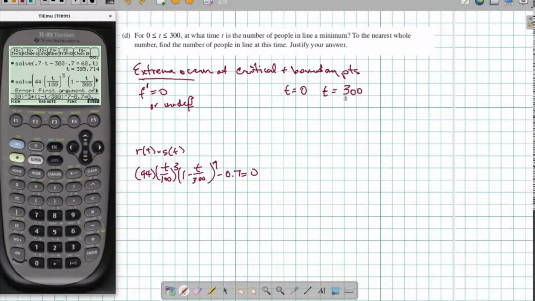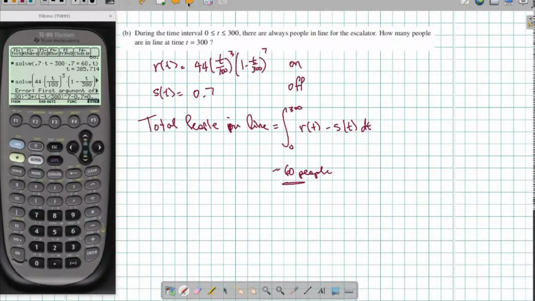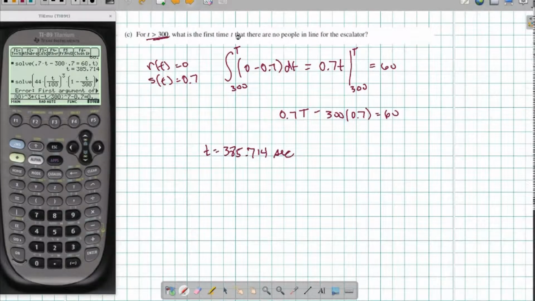Now, by the way, we've already done these answers over here. Keep in mind that the initial number of people in line was 20 people. And I've already done the integral from 0 to 300 because that was part B, and that was 60 people.